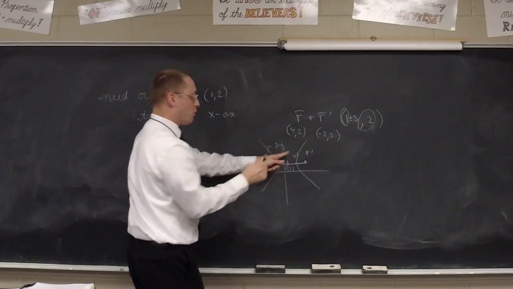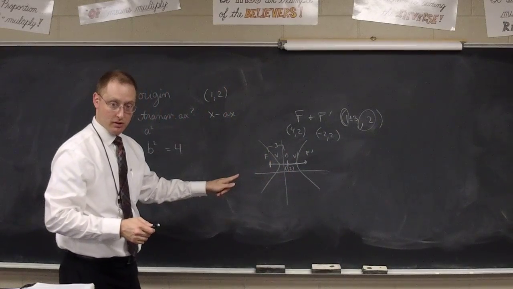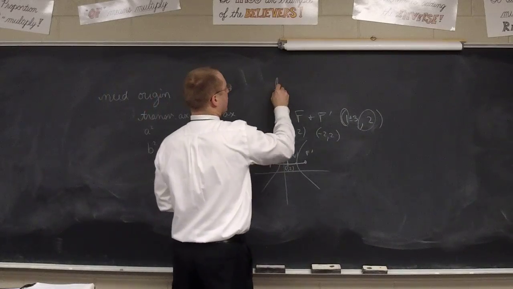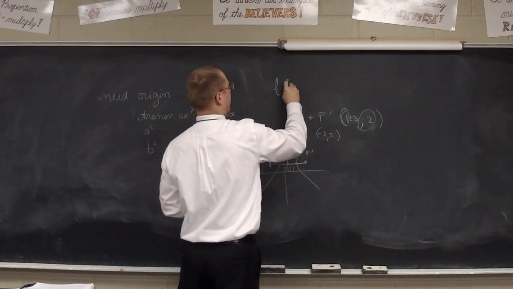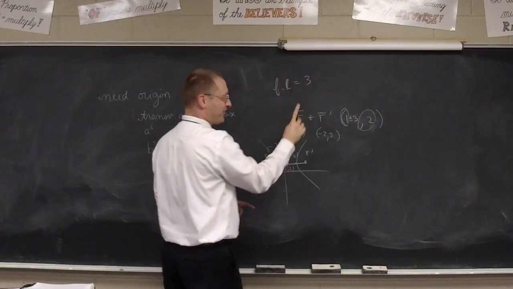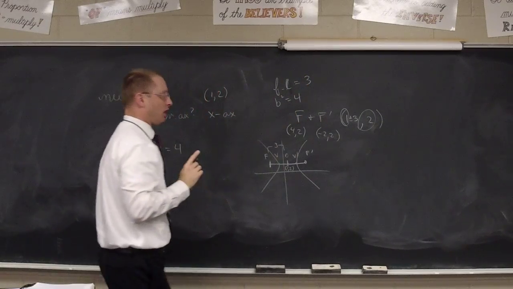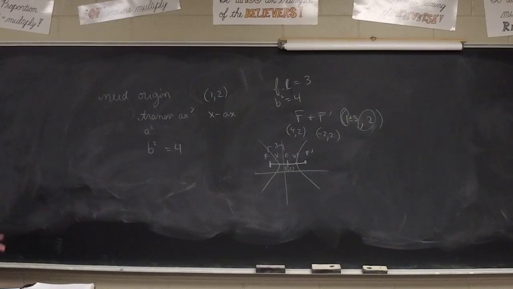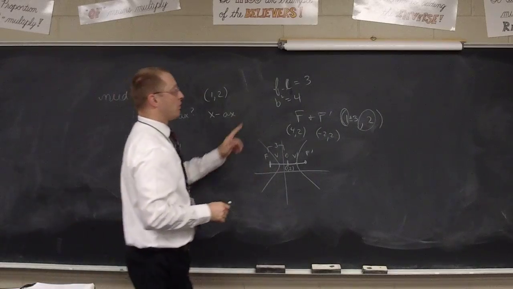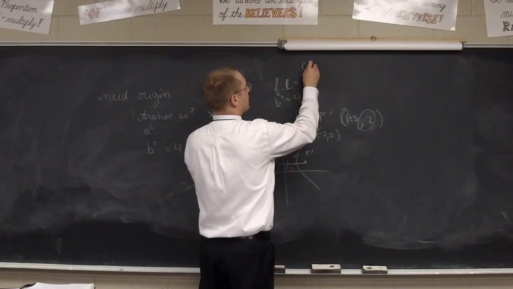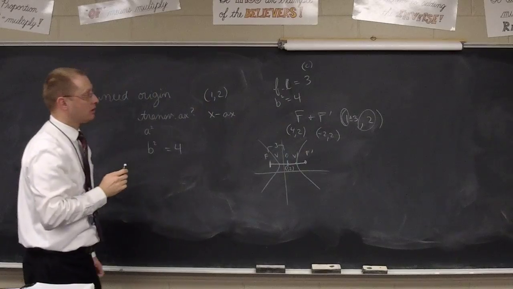But what do we call O to F? Focal length. The focal length is 3. We know that b squared is 4. We would normally represent the focal length with the letter c, remember.